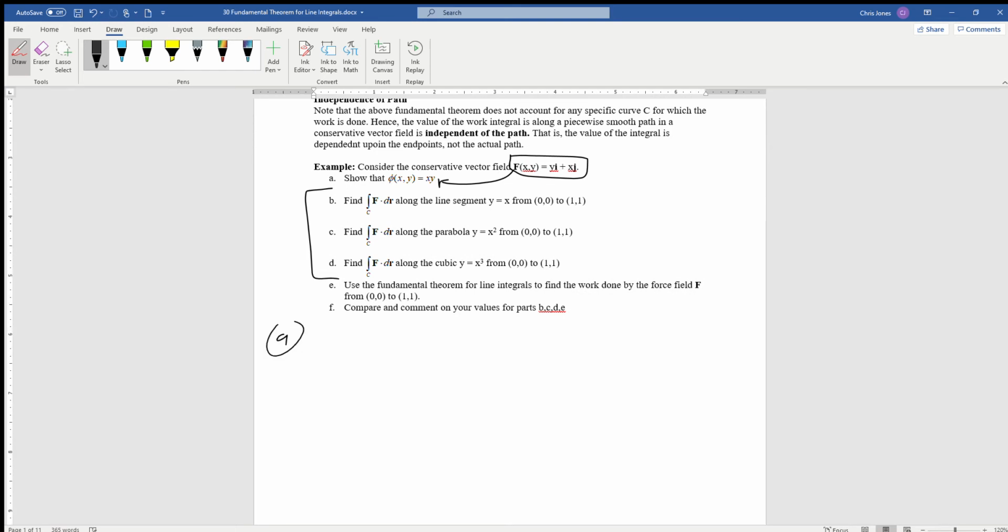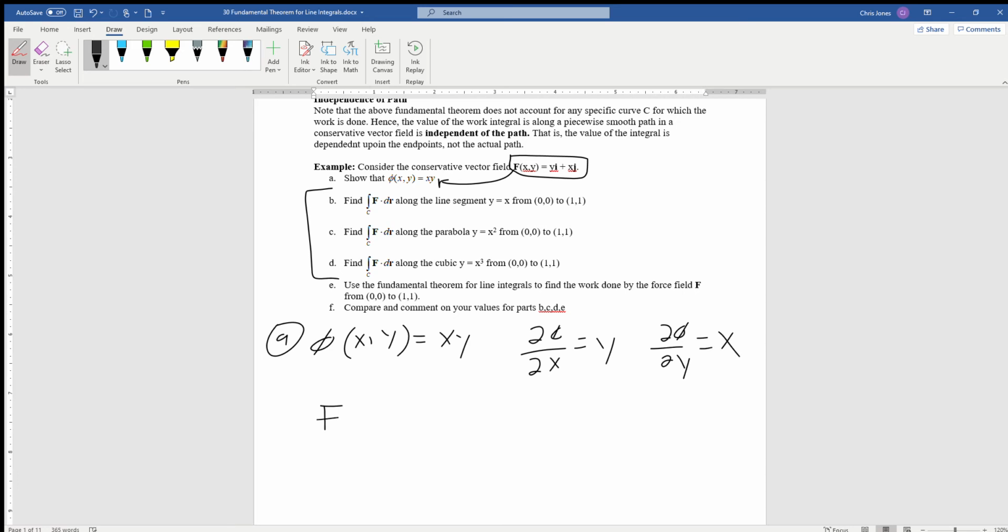So for letter A, we're asked to verify that phi of xy is equal to xy is indeed the potential function for that vector field y i plus x j. Well, the partial of phi with respect to x is going to be y, and then the partial of phi with respect to y is going to be x.